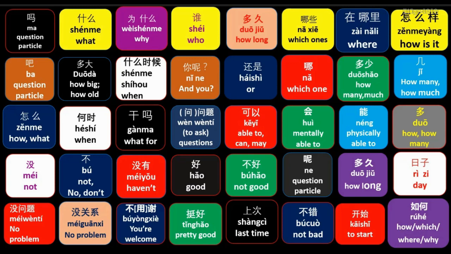Which simply means can, and then the question particle ma at the end. Since you're pointing at the seat, it's inferred that you're asking whether you can sit on the seat or not. And if they're responding to you, how do you think they will respond?